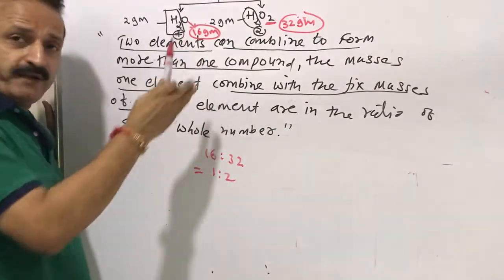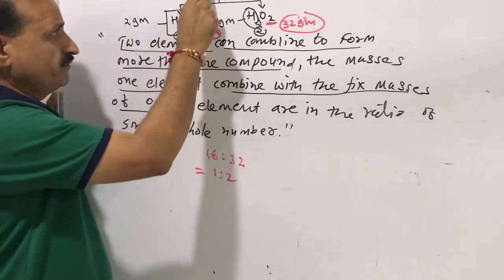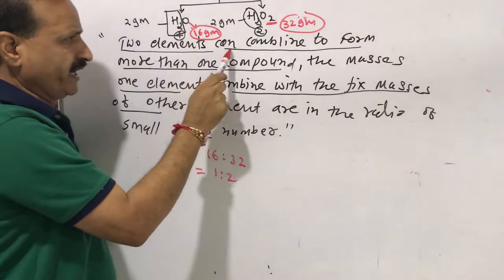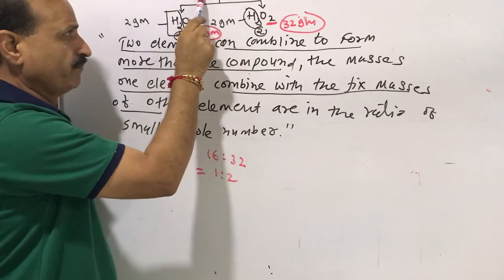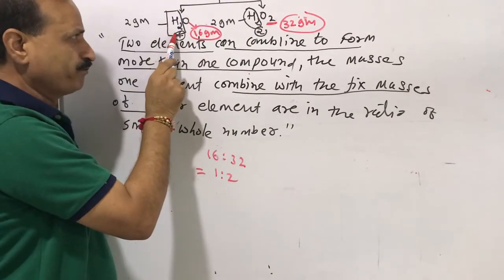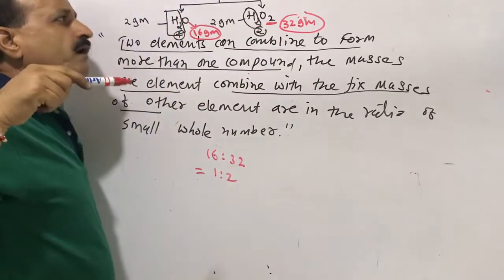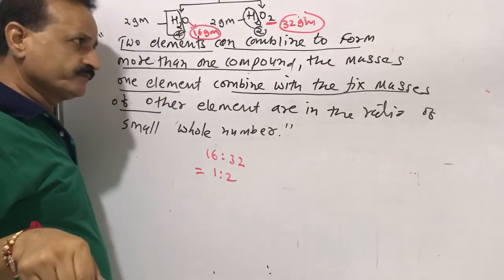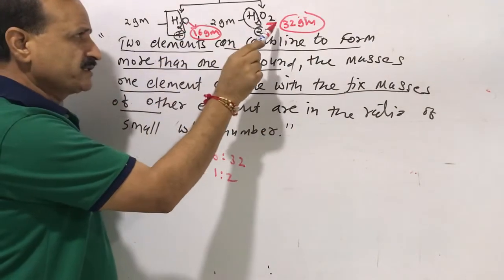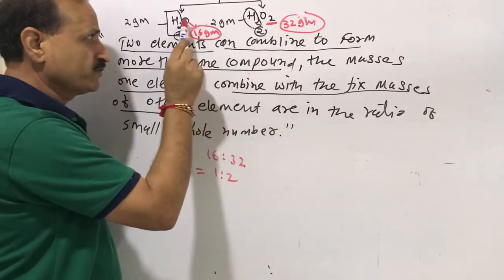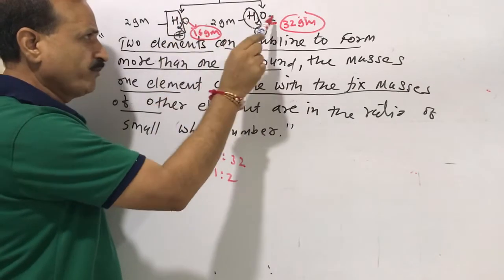Now you repeat this definition. Two elements can combine to form more than one compound. These two elements combine and form one compound H2O and another compound H2O2. It means more than one compound is formed. The masses of one element: here only element oxygen, here also element oxygen, but the masses of oxygen are different.